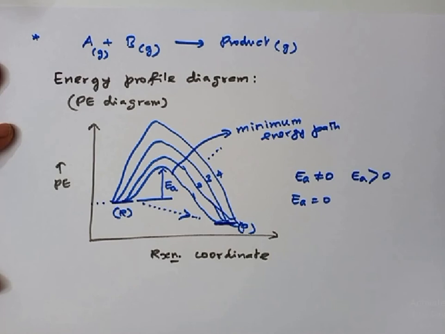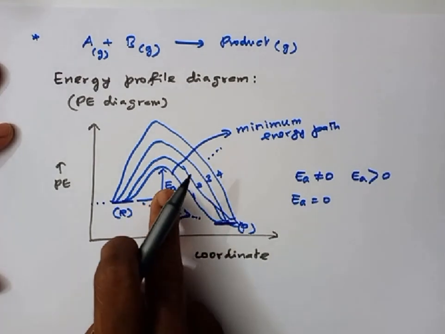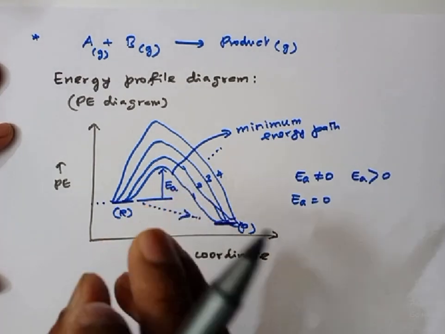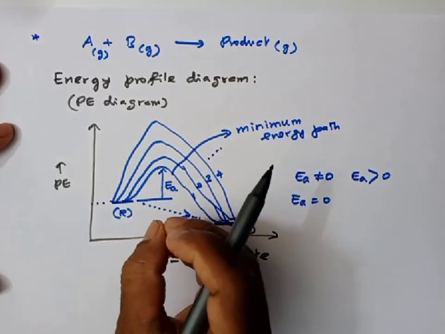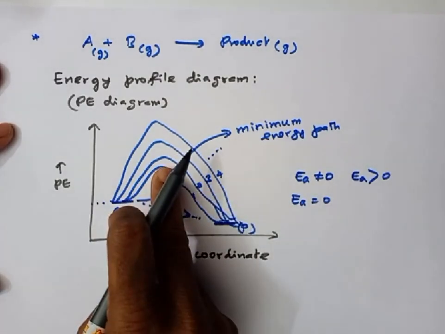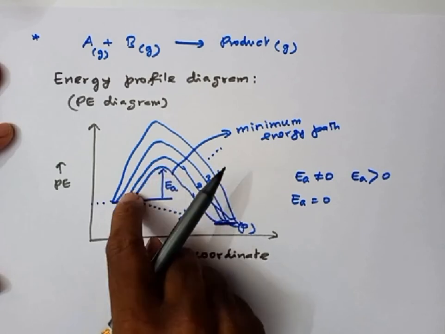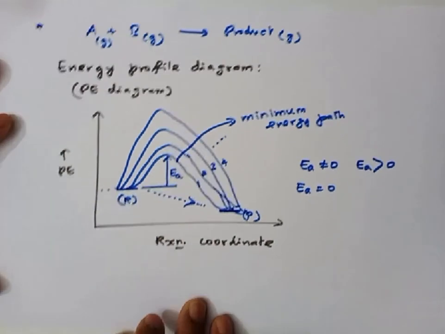So what is activation energy? It is the minimum energy, or the energy acquired by the reactant molecule to reach the potential energy barrier of the minimum energy path. Let me write here.